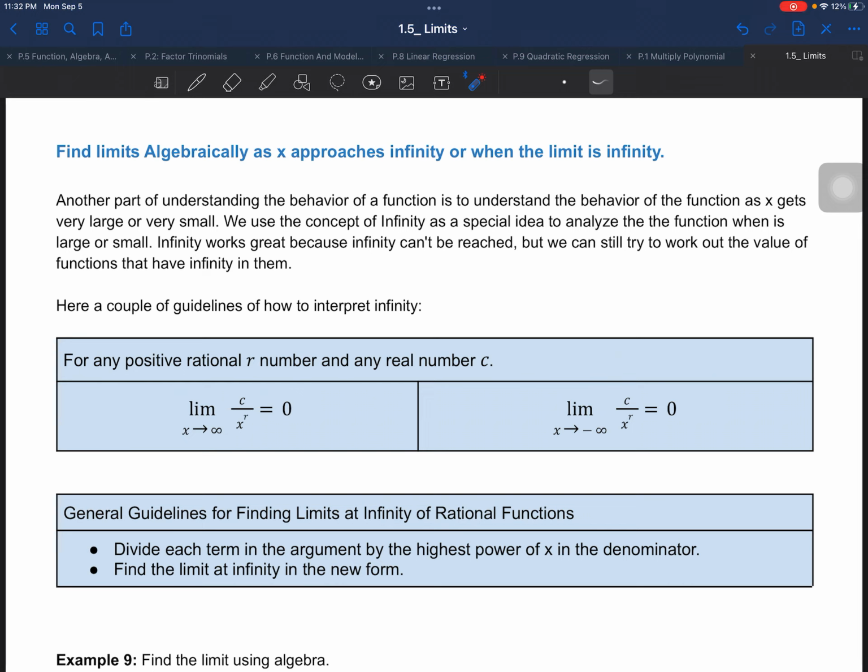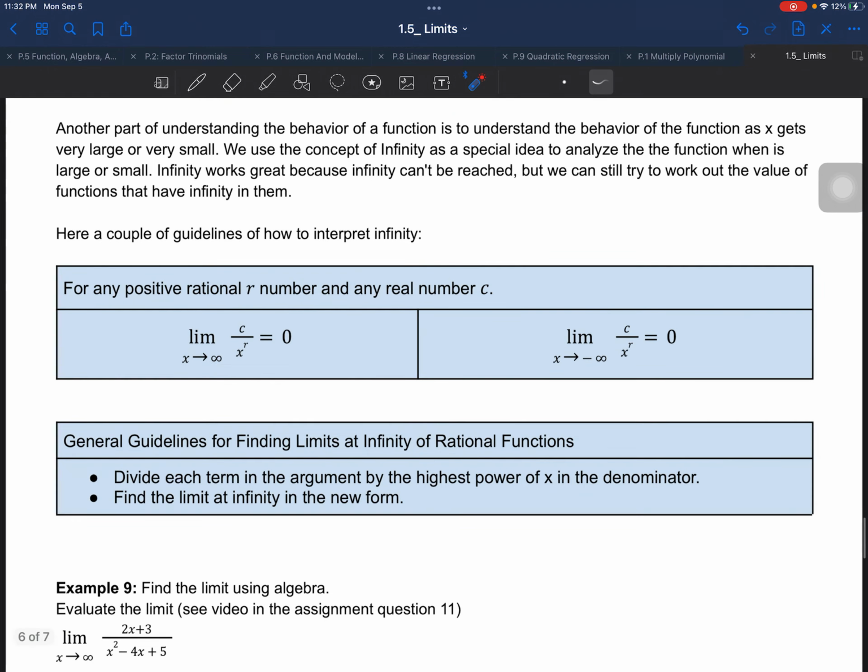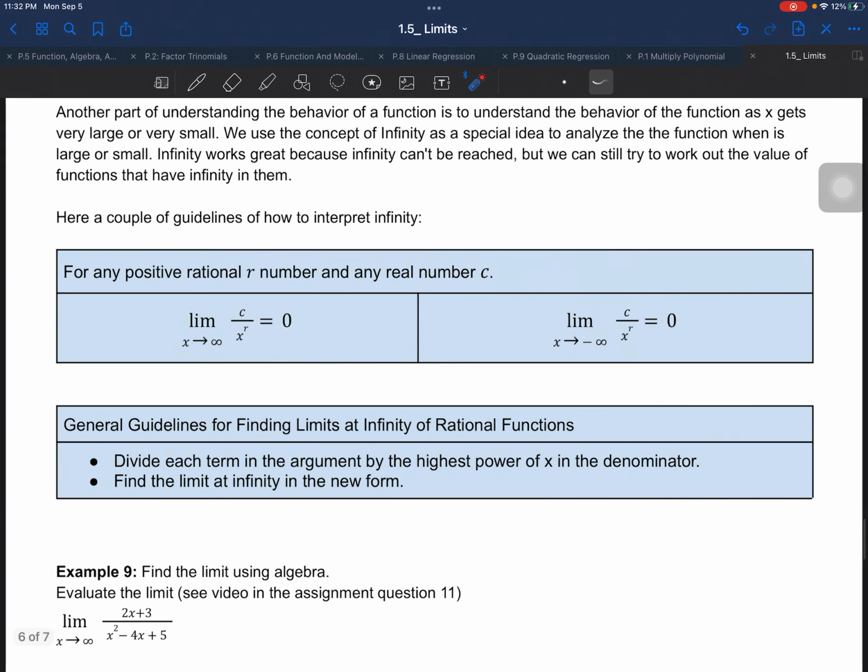Infinity actually works great because infinity cannot be reached, but we can still try to work out the value of functions that have infinity in them. So here are a couple of guidelines that we can follow to interpret the limit as x approaches infinity.